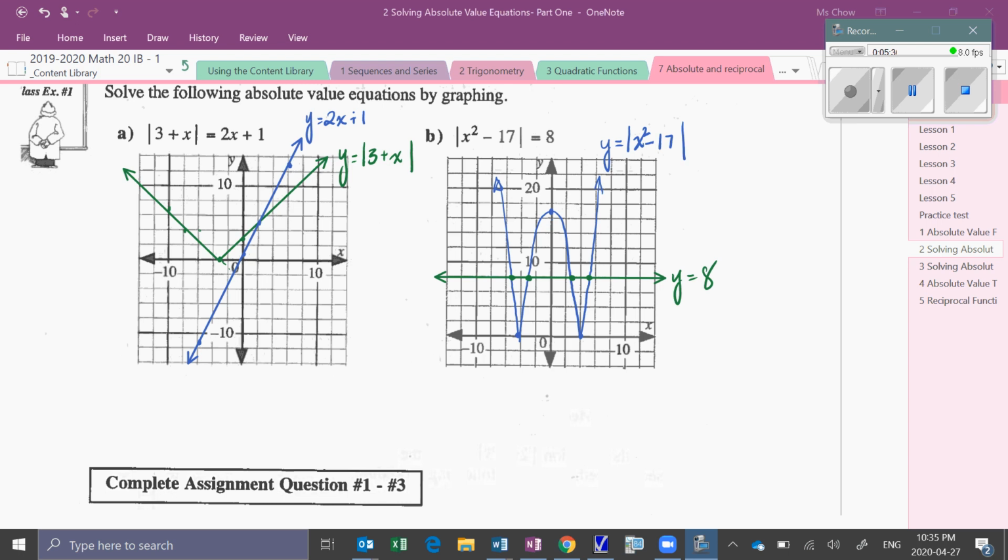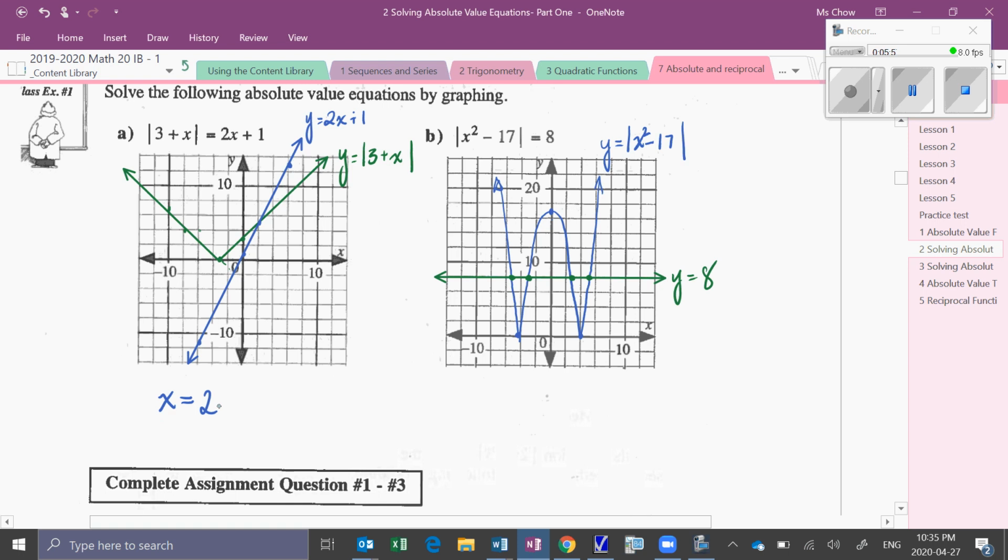And on that subdomain, when x is greater than -3, our graph sure looks like 3 plus x, or x plus 3. And then our other line is y equals 2x plus 1. You can see that there's one intersection and so one solution, and using that graphing function to calculate the intersection, we would have x equals 2.